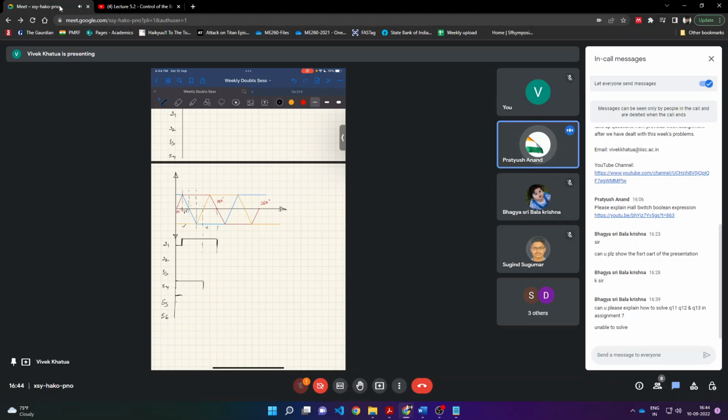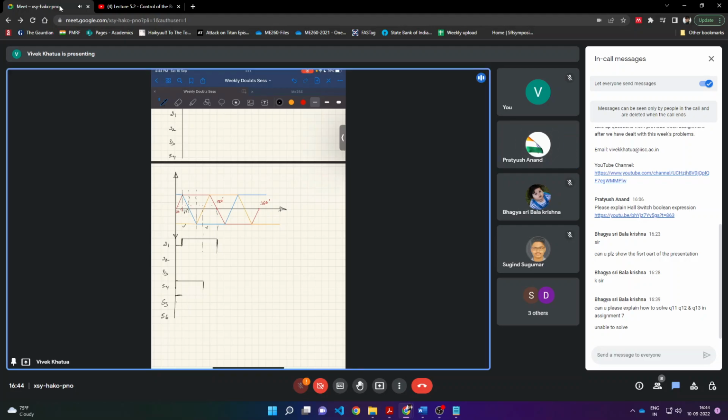And that should go for 120, 180 degrees. That will go for 180 degrees, given that your rotor has one north pole and one south pole.